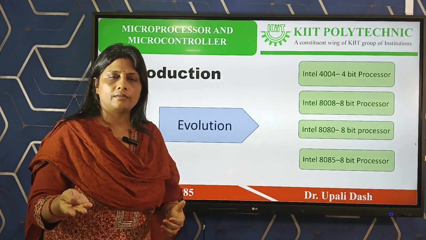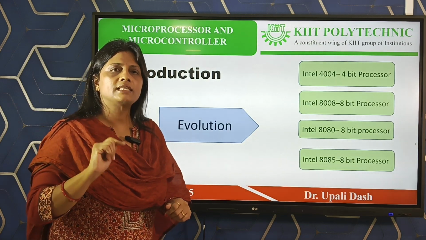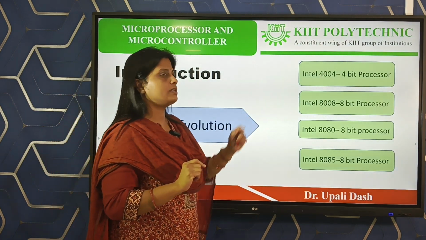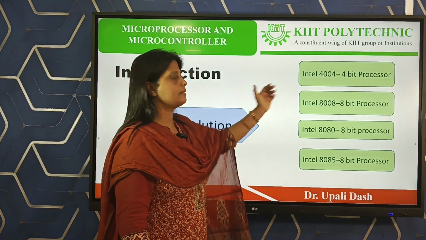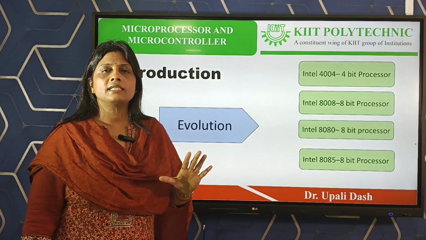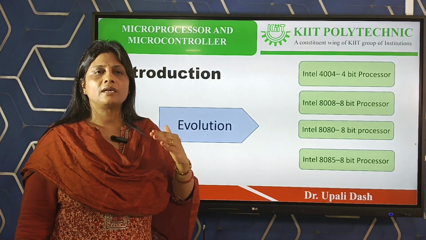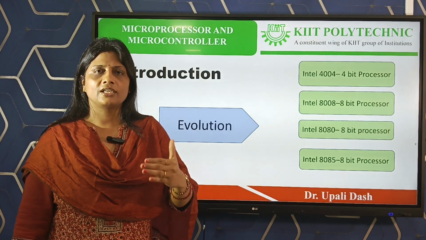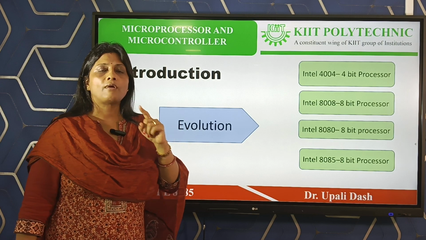8008 was using PMOS having 8-bit size and 8080 was using NMOS having 8-bit size. So obviously this is a faster processor than that. Both were successful, but human needs are always endless, so we always want better and better year by year. Why better?